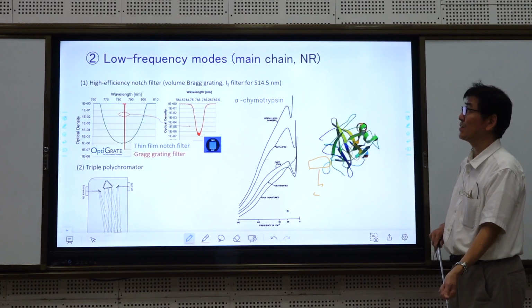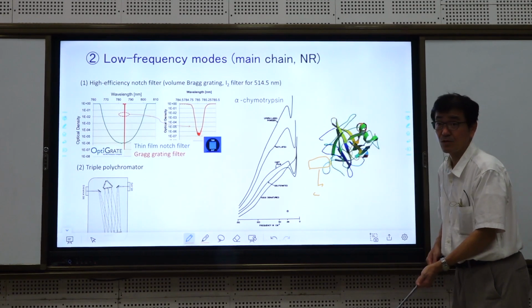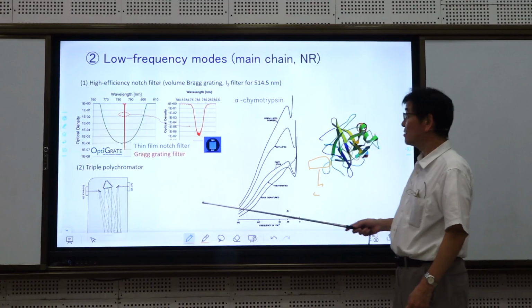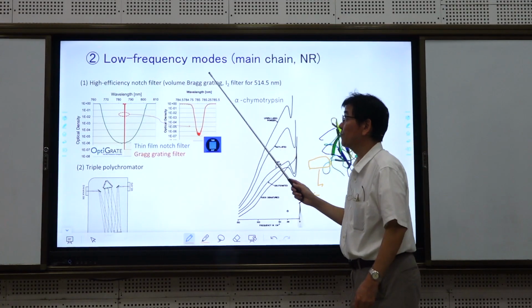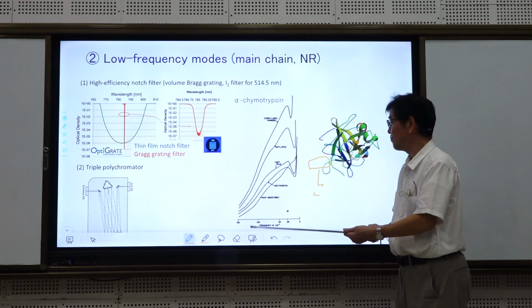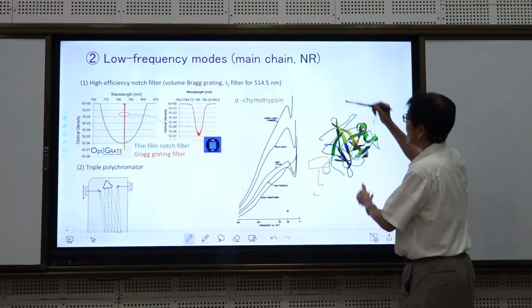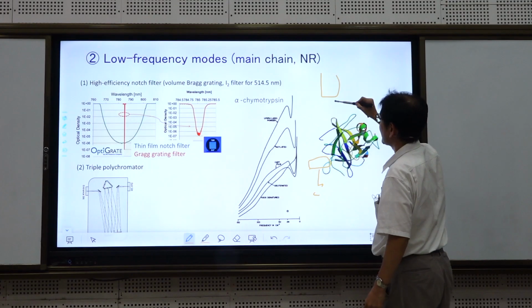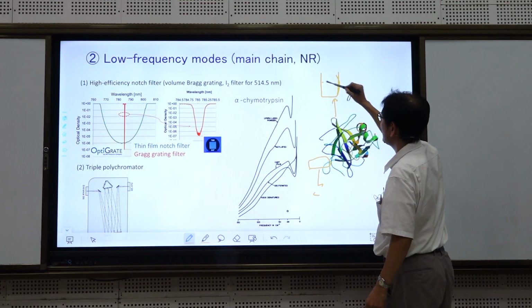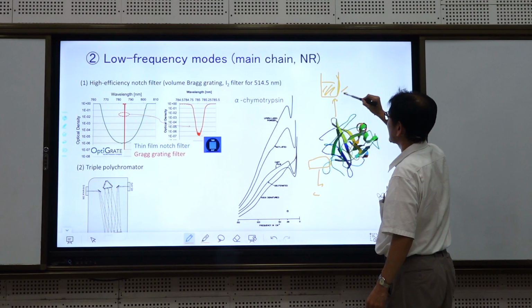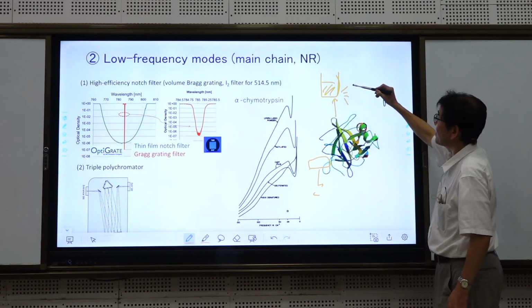One more piece of information obtained from Raman spectroscopy is from the low frequency mode. When we measure Raman scattering, here is a sample cell, we irradiate the laser beam to the sample and scattered light occurs.